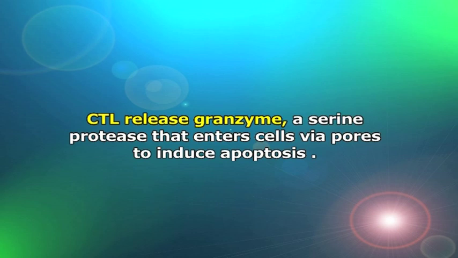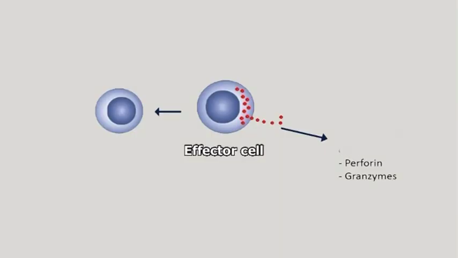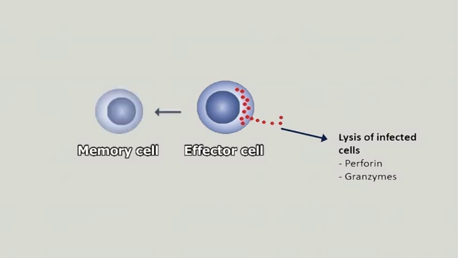CTL release granzyme, a serine protease that enters cells via pores to induce apoptosis. Upon resolution of the infection, most of the effector cells will die and be cleared away by phagocytes, but a few of these cells will be retained as memory cells.